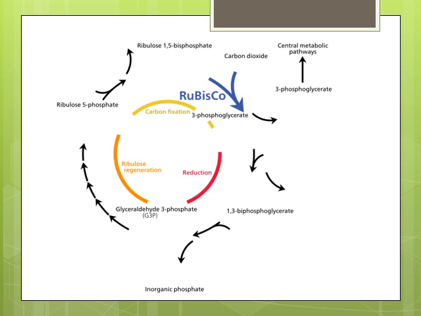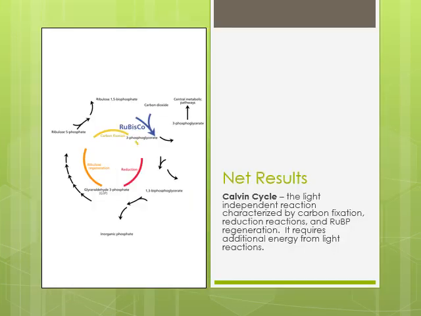It's a cycle that continues. So the net results are you've taken carbon dioxide out of the air, you've reduced it and formed glucose, and you've recovered your RUBP. That recovery of the RUBP is going to require a lot of extra energy from the light reactions.